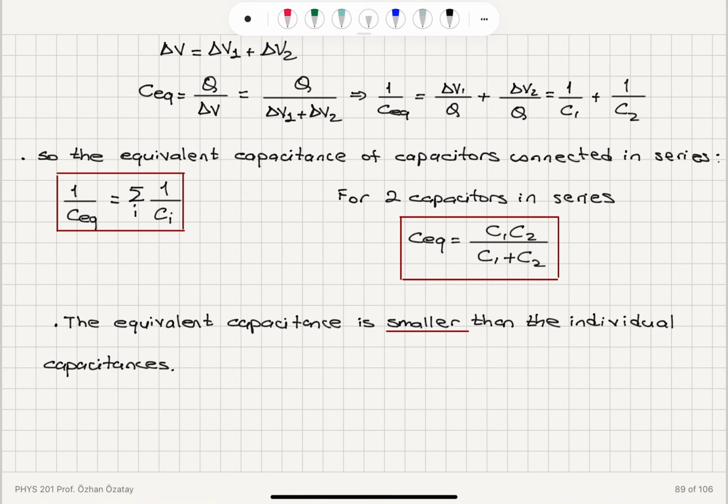And this equation tells me that the equivalent capacitance, the charge stored divided by the total potential delta V, is equal to Q over delta V1 plus delta V2, which tells me 1 over C equivalent is the sum over i of 1 over Ci. And for two capacitors connected in series, the equivalent capacitance is the product of the capacitances divided by the sum of the capacitances, and the equivalent capacitance is smaller than the individual capacitances.